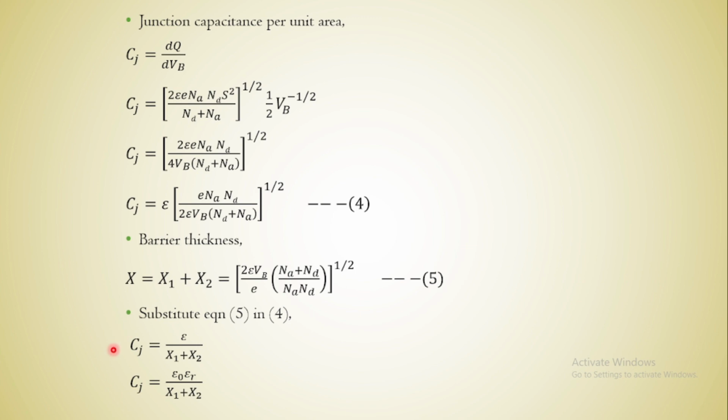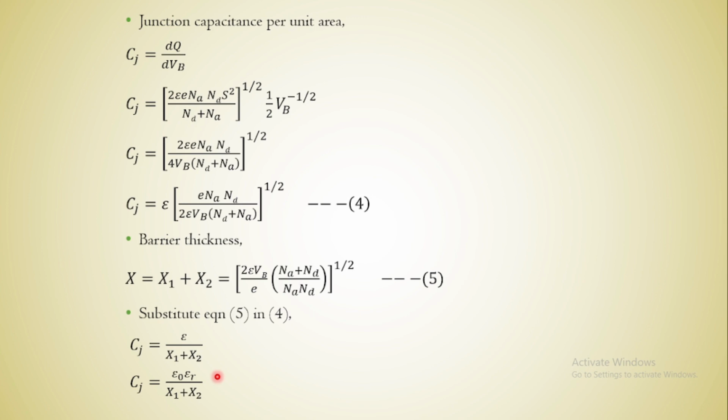And if we look at these two forms of junction capacitance, these can be measured in the units of farad per unit cross-sectional area. So this is a brief discussion about junction capacitance, which I hope is clear for you.